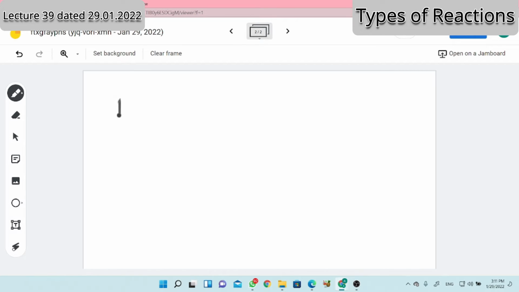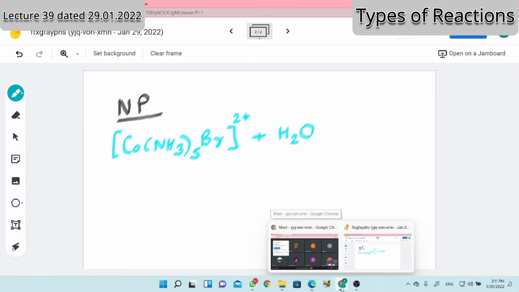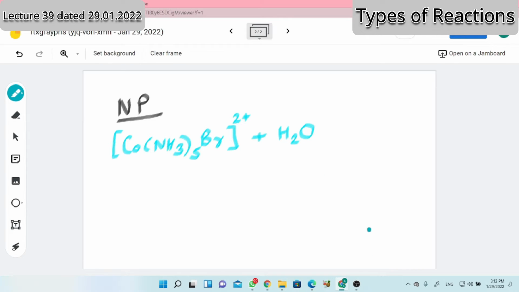The first example is of nucleophilic substitution. Let me take one complex, say a cobalt complex. Here ammonia, NH3, and Br minus, bromide, are the ligands, and the charge on this complex is 2 plus. Outside I am considering H2O because I am talking about nucleophilic substitution.